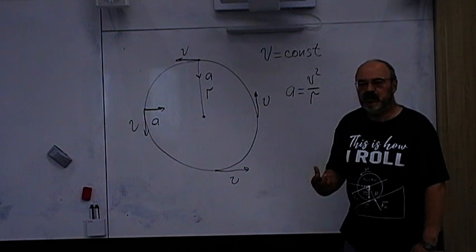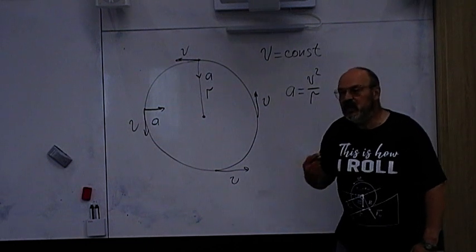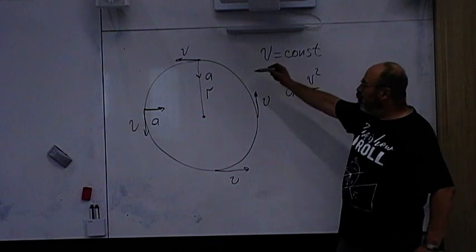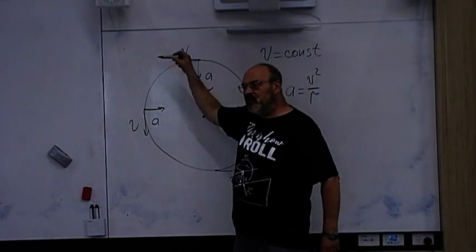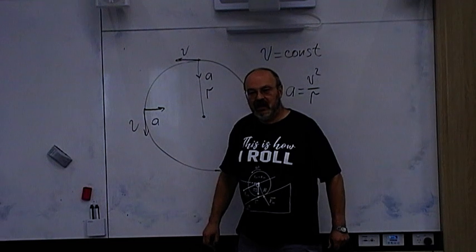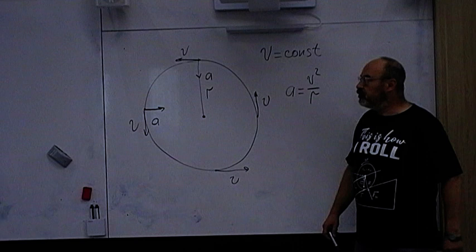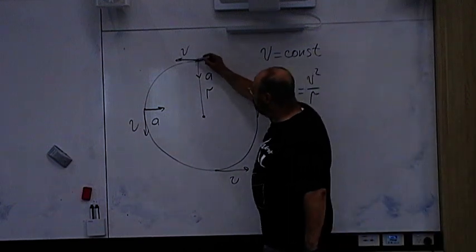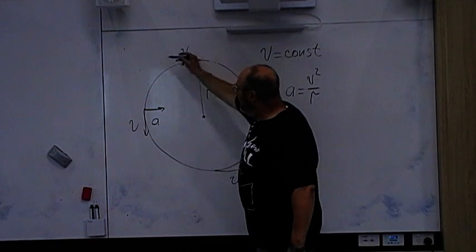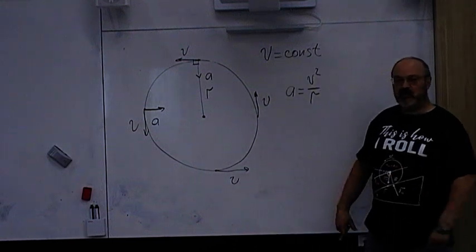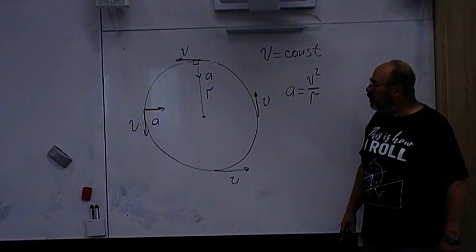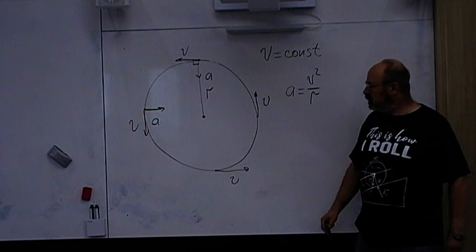What will happen with the speed? Speed will not be constant. If there is a component of the acceleration along the velocity, not only the direction will be changing, but the speed. But as this angle is 90 degrees, the magnitude of velocity does not change, but the direction changes all the time.